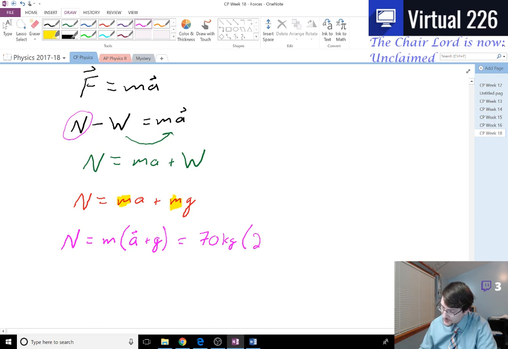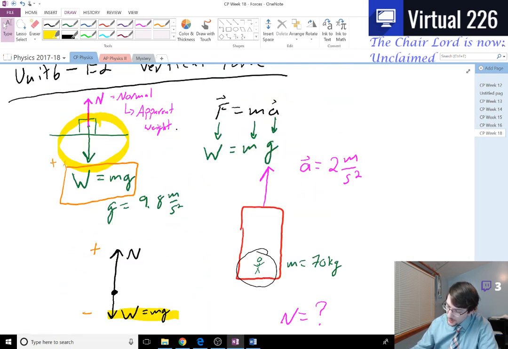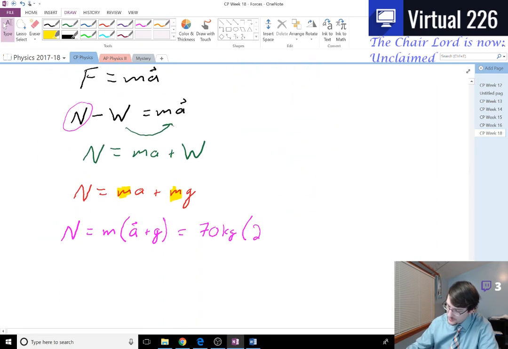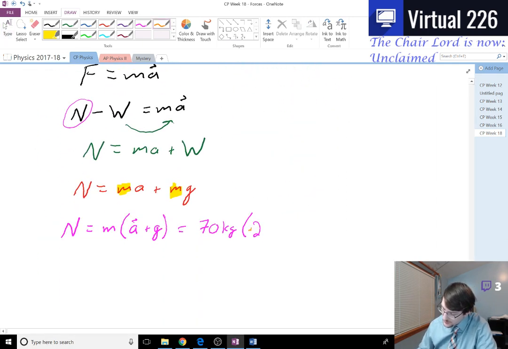We know the acceleration of our elevator was a positive 2 meters per second squared because we chose the up direction to be positive. So when this is accelerating upwards, that's a positive direction. So we've got positive 2 plus our 9.8 meters per second squared for gravity.